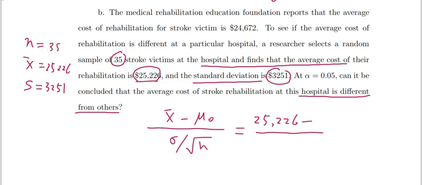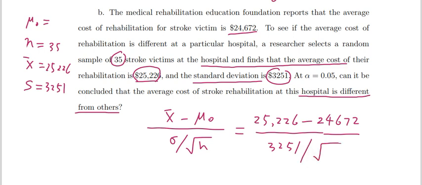Okay. So what is mu 0? Mu 0 here is the other hospitals' average, this number. And this is 3251 over root 35.